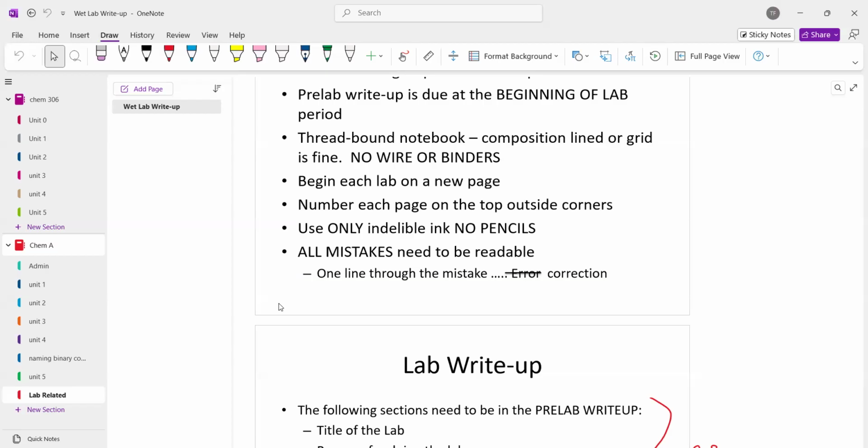It also gives you extra space in the future if you need it, whereas if you run on both sides, you wouldn't have any. No wire spirals allowed. No 3-ring. It's got to be a thread-bound lab book. We're going to begin each lab on a new page.